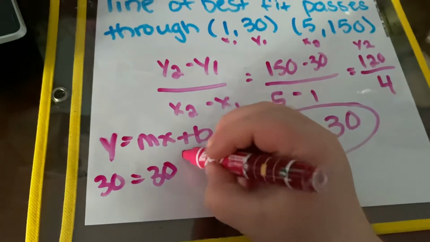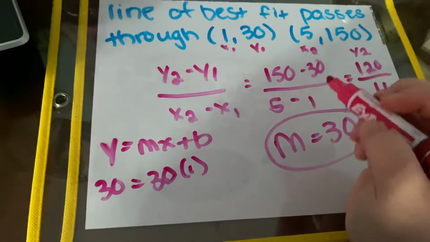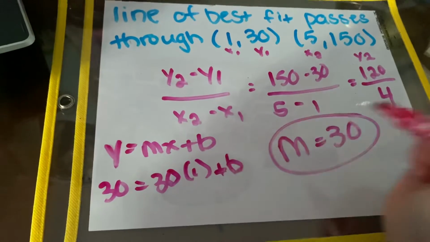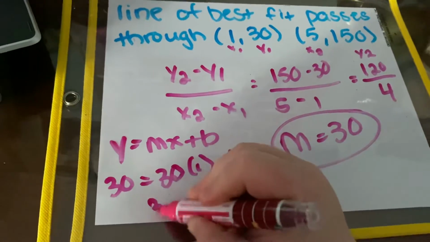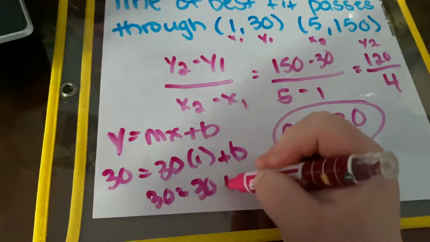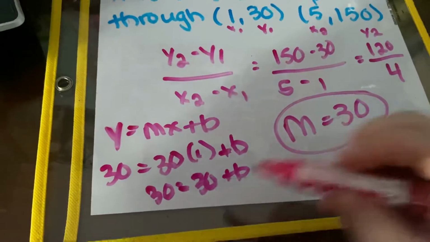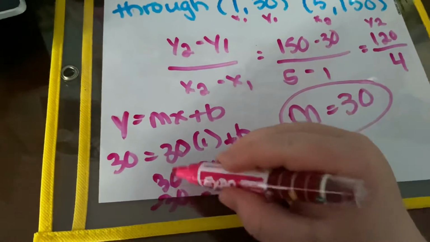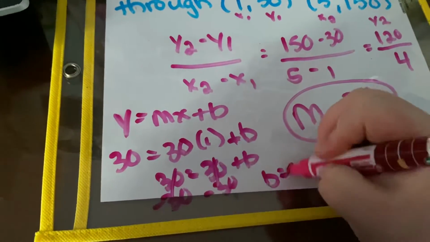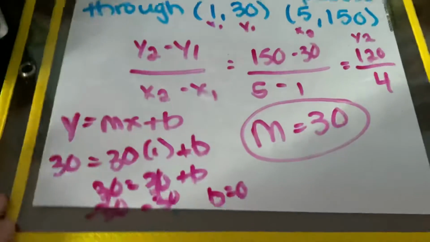My x is 1, so times 1, plus b. So that would be 30 equals 30 plus b. You would subtract 30 from both sides to get b by itself, but 30 minus 30 is just 0, so b is going to equal 0 in this case.